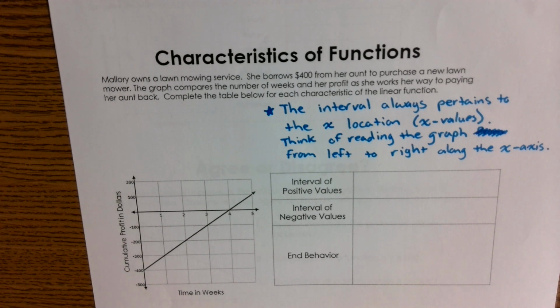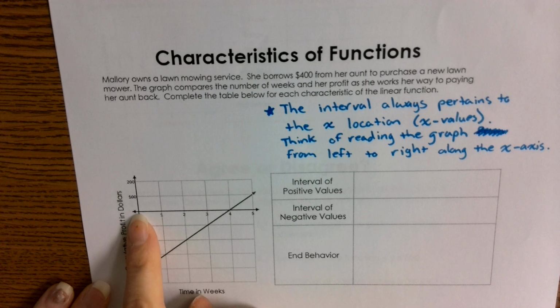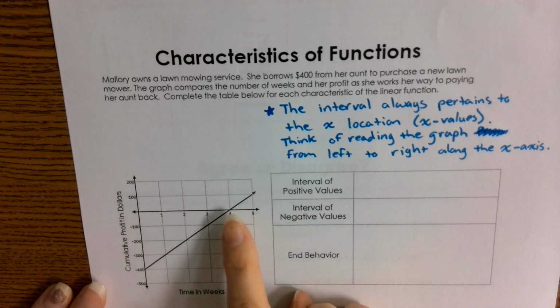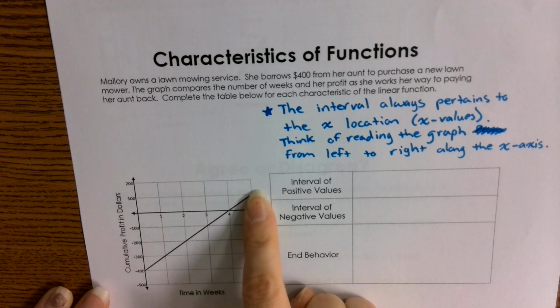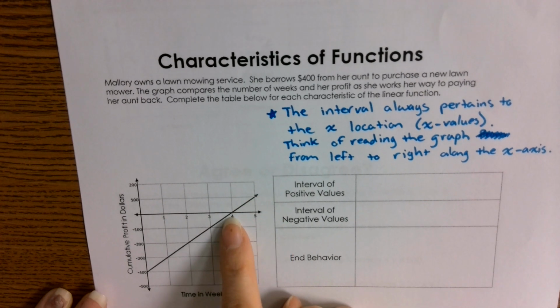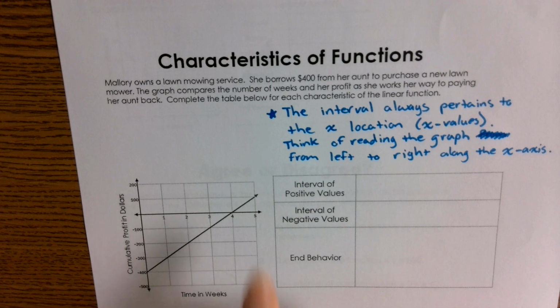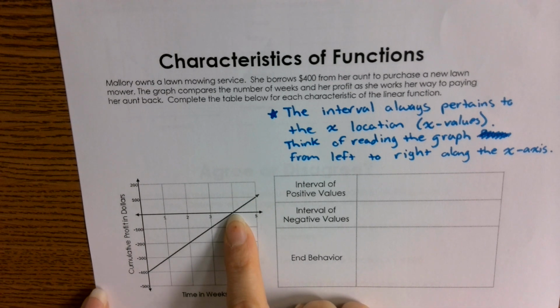At what point does our line progress into a positive nature? David? So at 0, at 4. All right, at 4, so not at 4, but greater than 4. Because if we're just focusing on the value 4, is our money positive? Is our money negative? No, our money is 0. 0 is neither a positive number nor a negative number.